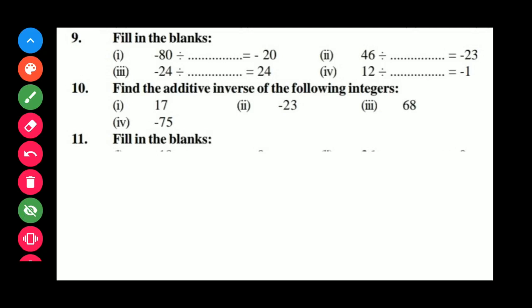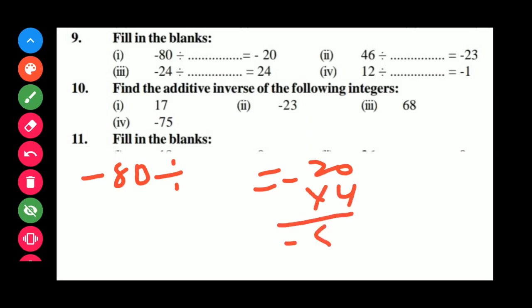Minus 80 divided by blank equals minus 20. So you can multiply any number to get 80. So you can multiply by 4, and you get minus 80. So here is 4 times. So you can fill here 4.